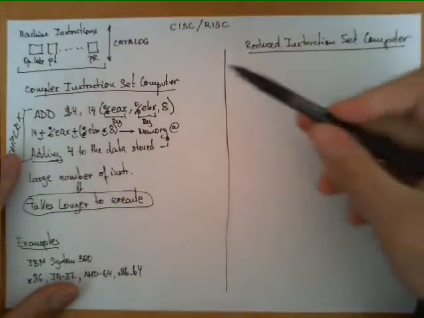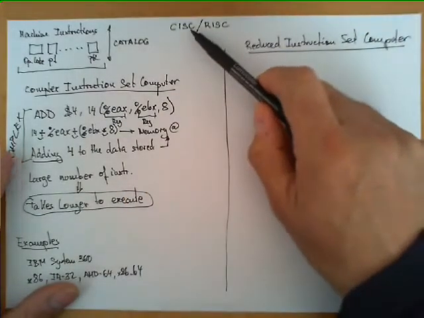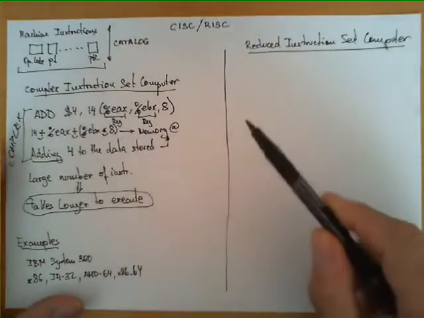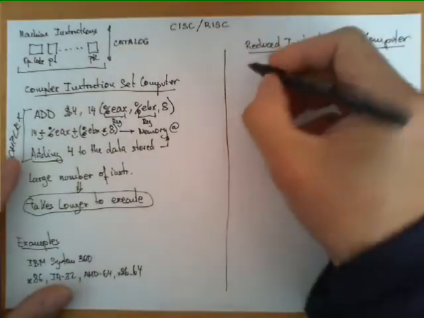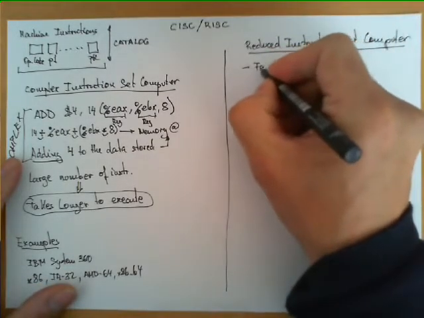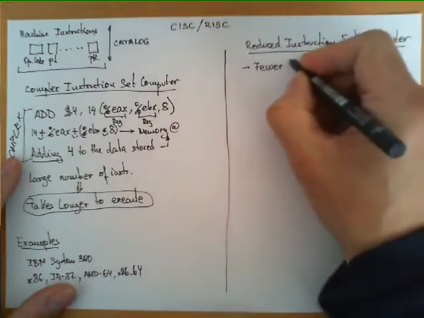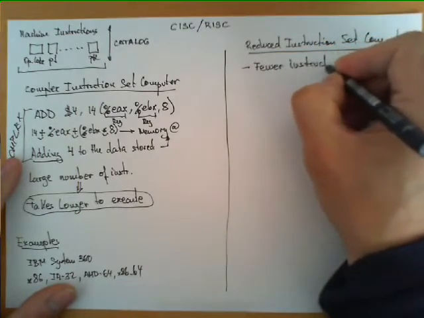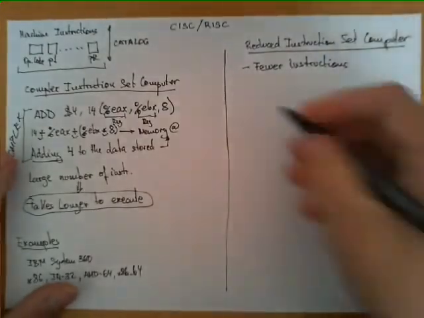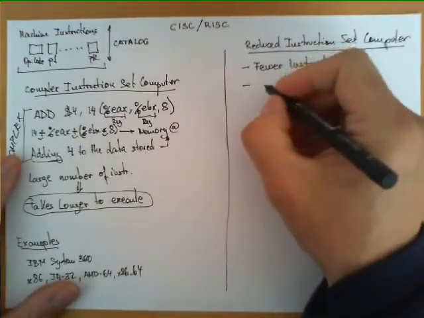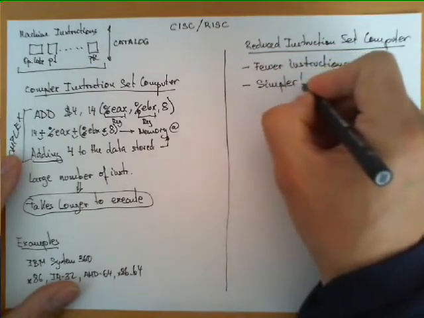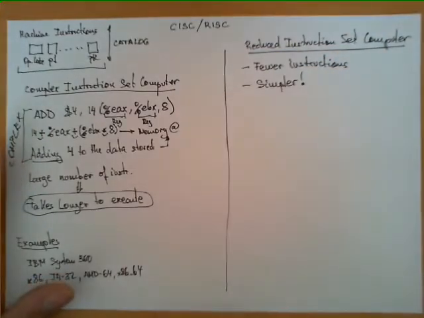Rather than having a microprocessor or a digital circuit capable of executing a large and complex set of instructions, this type of architecture proposes to use fewer instructions. In other words, the catalog we mentioned at the beginning will be much shorter, and each one of them will be simpler, and this is perhaps the key observation.